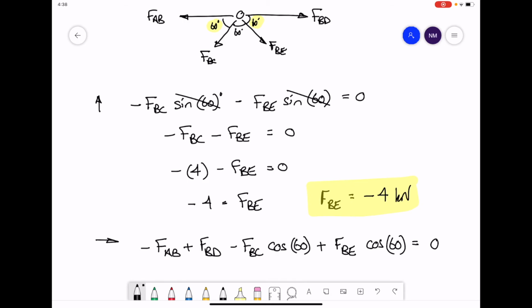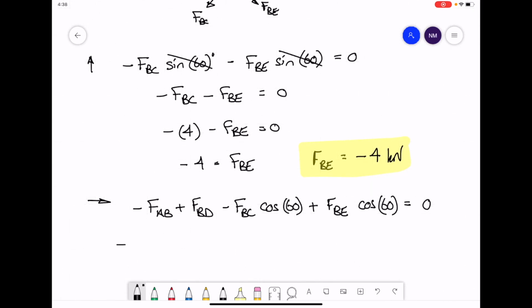For equilibrium, they must all add up to give you 0. Force AB was minus 12.5, careful about the double negative. Force BD is the one we're trying to calculate.